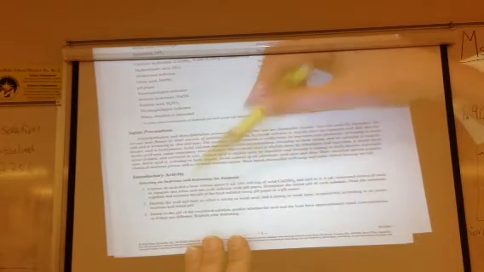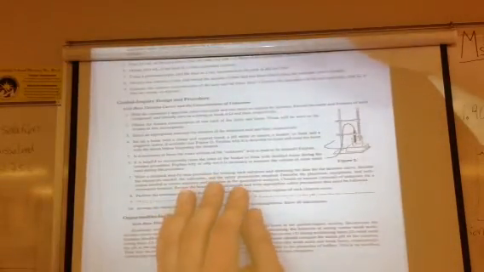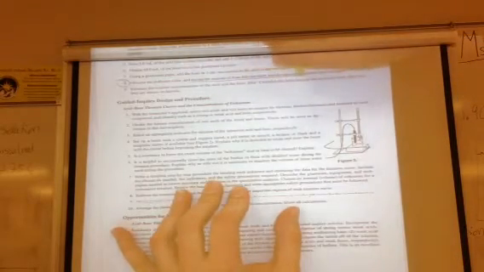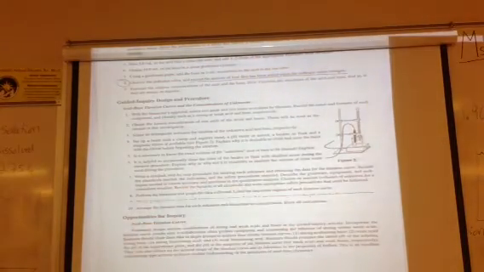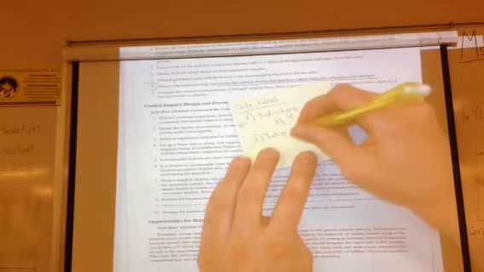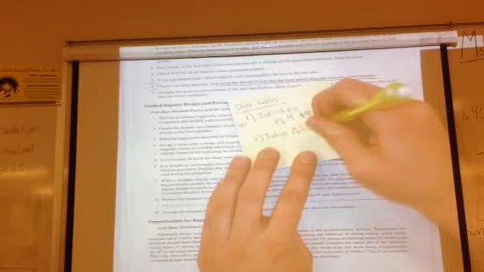I would like those pH values recorded in a data table. The other thing you need to record in that data table is 8. It says record the amount of base that has been added. So if you have a data table for your intro activity, I'm taking that one for 5 points.